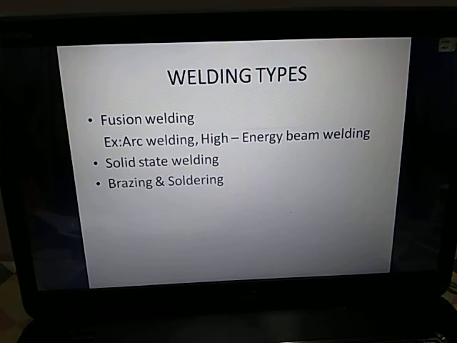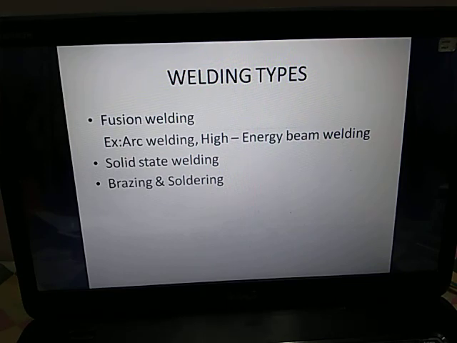The next one is solid state welding, in which joining takes place without fusion. In fusion, we are using high heat to join the metals. Here the metal surfaces are joined by bringing the metals close to each other, and then much heat is created and the metals are joined. Melting will not take place.